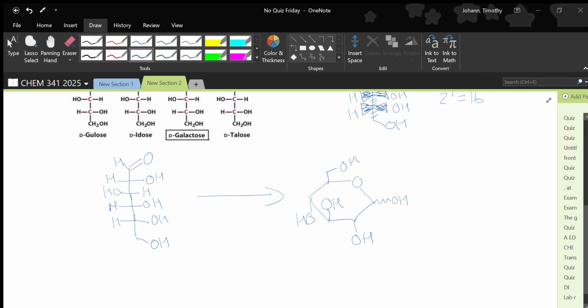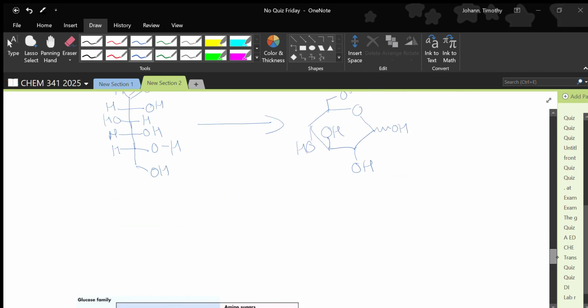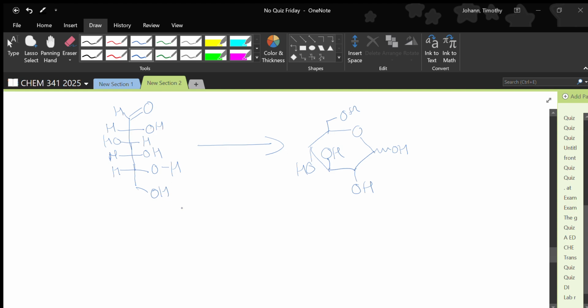All right, so we're going to have this reaction. If I'm going to form a ring, I'm going to need a nucleophilic attack from this carbon. Not from this carbon, from this oxygen. All right, and so what I need is I need some sort of base around. Some sort of base will help it, right?